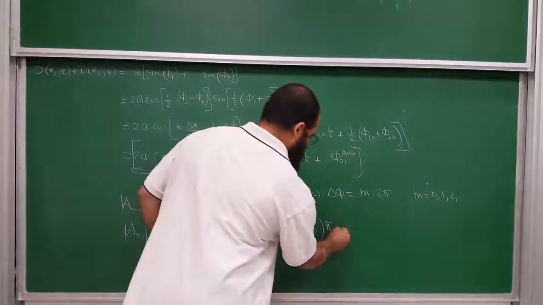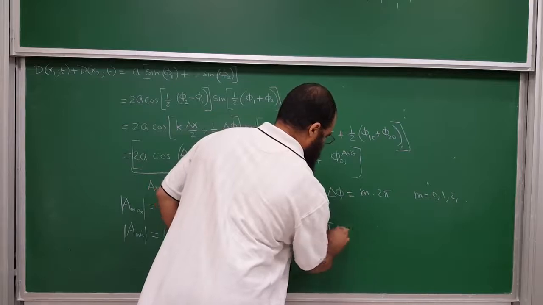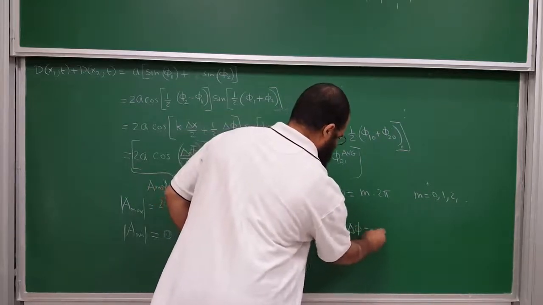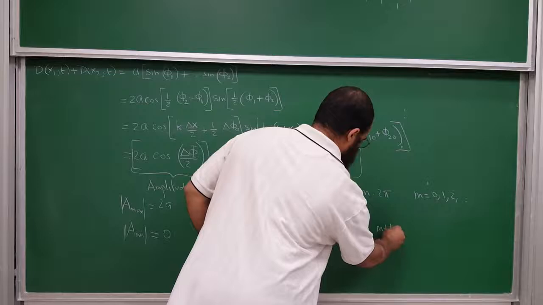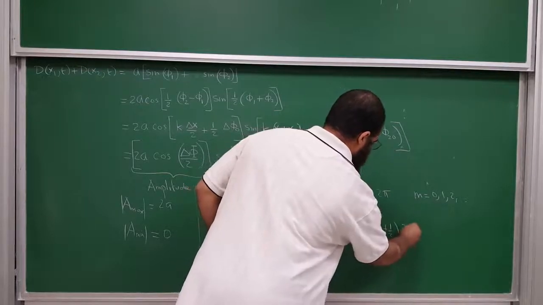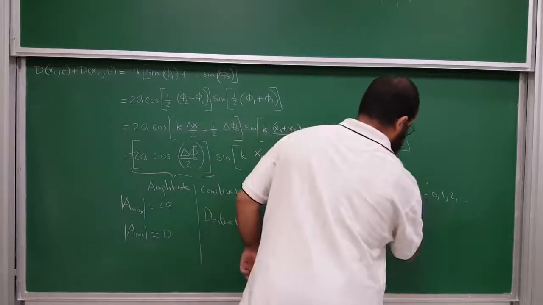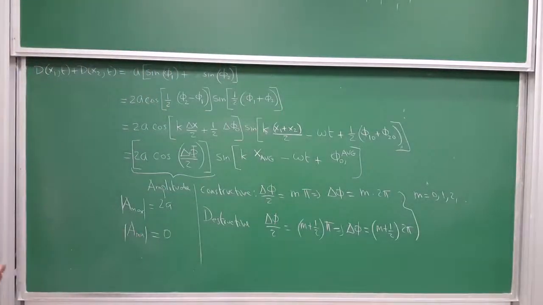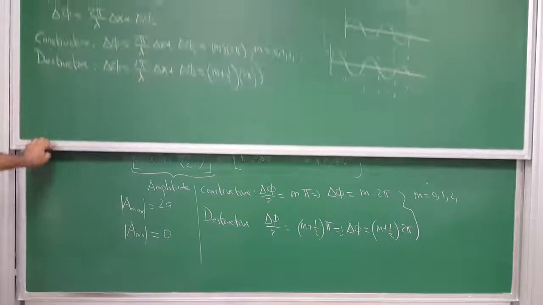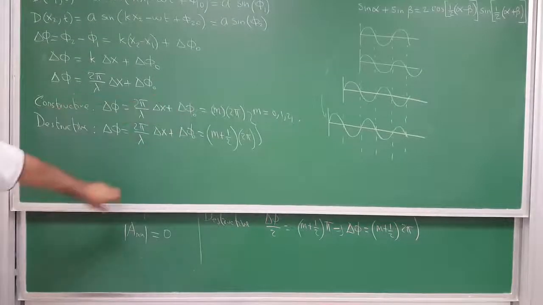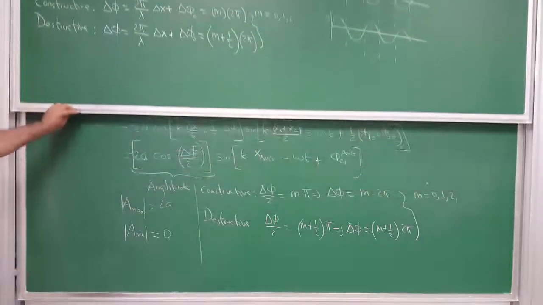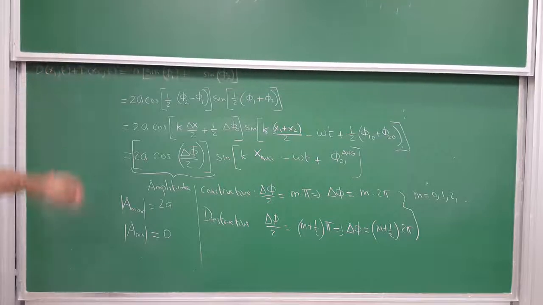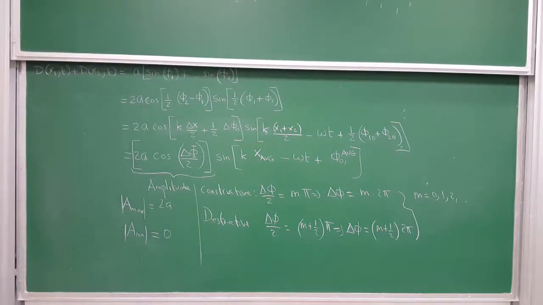So delta phi is equal to m plus 1/2 times 2 pi, and m is 0, 1, 2. We did it the first time just qualitatively, but here it came out from the trigonometry and the algebra. All right, so that is that.